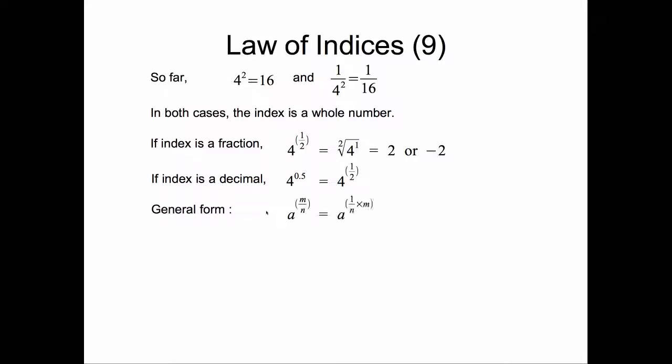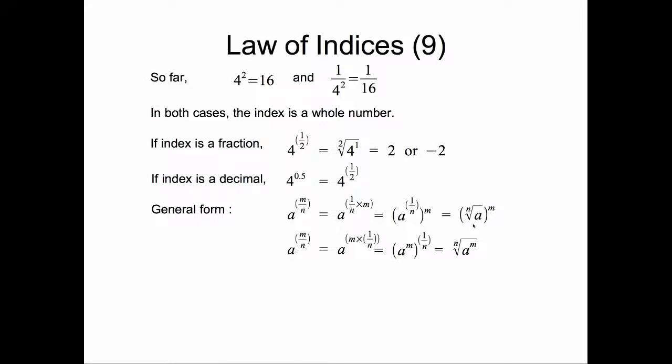As a general form for this law, there are 2 possibilities here, but both will lead me to the same answer. The thing about these two written differently is because it depends on whether I have 1 over n multiplied by m first or the other way. But either way will give me the same answer.